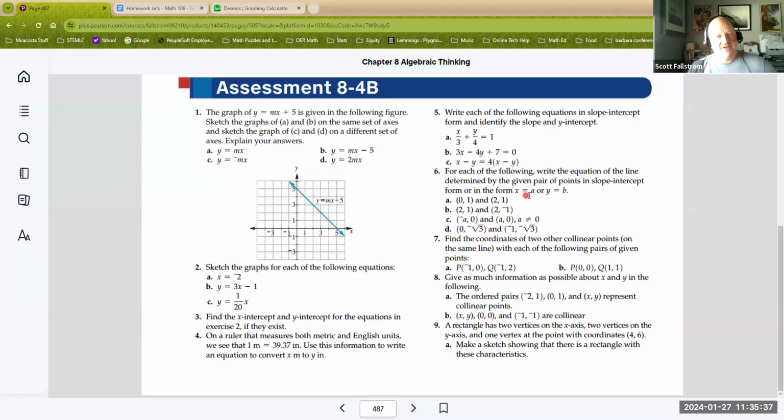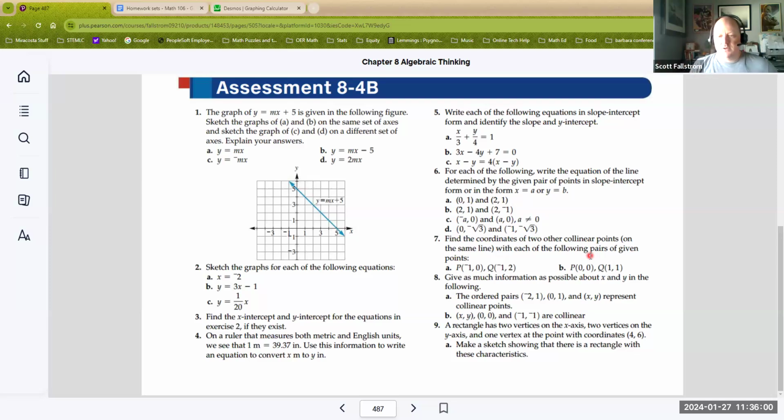So if the x coordinate stays the same, you're going to have an x equals. Otherwise, you'll have a y equals mx plus b. And lastly, find the coordinates of 2 other collinear points, means on the same line. Collinear, same line, right? Like cohabitate would mean habitate with, or the same habitation.